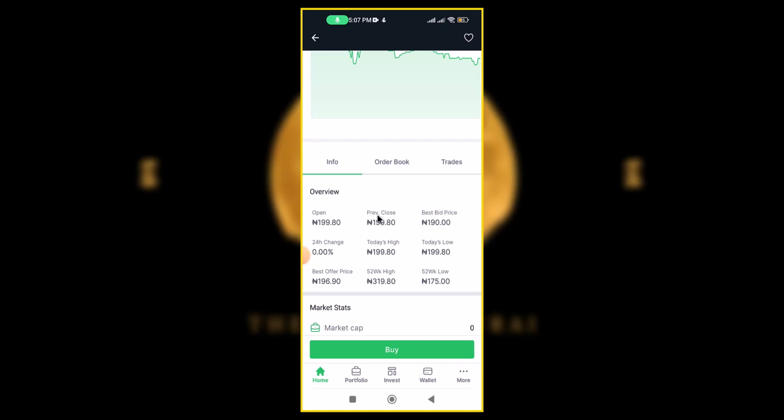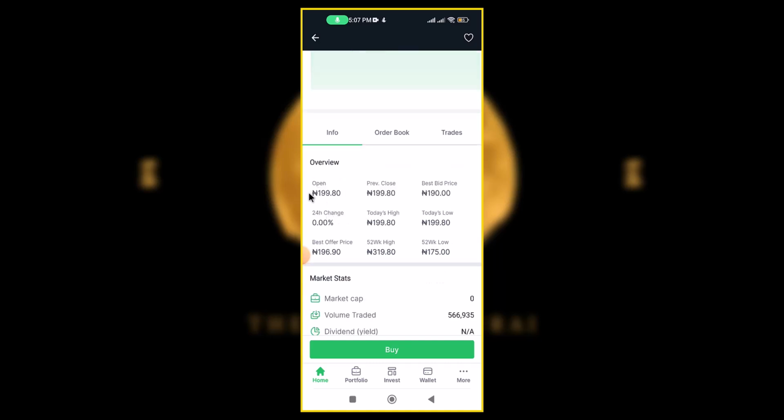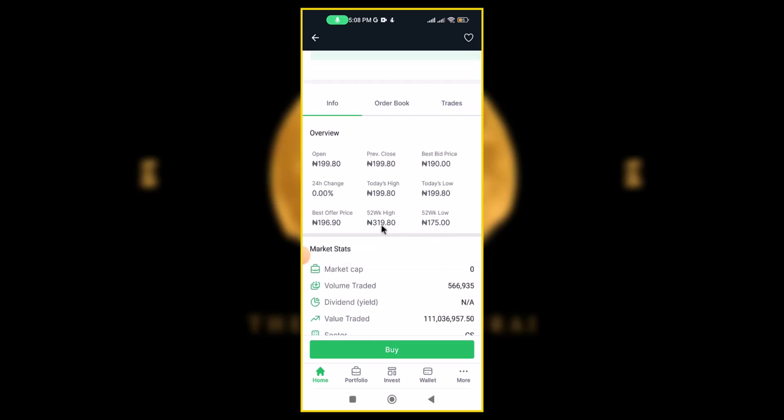So this is the open price. This was the previous close price, which technically is usually the open price. This is the best bid at 190 naira. The 24-hour change is 0.00. Today's high, this is the highest it's gone today, lowest it's gone today.